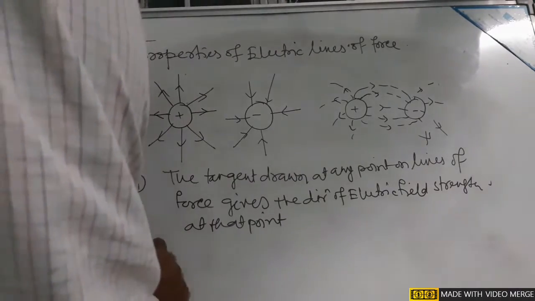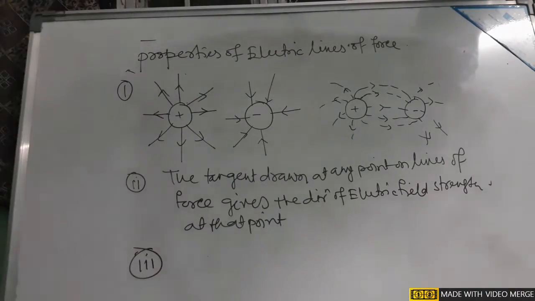Number 3: two electric lines of force never intersect. Suppose we have one charge here and another charge here, and this is one electric line of force and this is another. If we draw a tangent here, we get one direction, E1, and if we draw a tangent for the other, this is E2, and they intersect at this point.